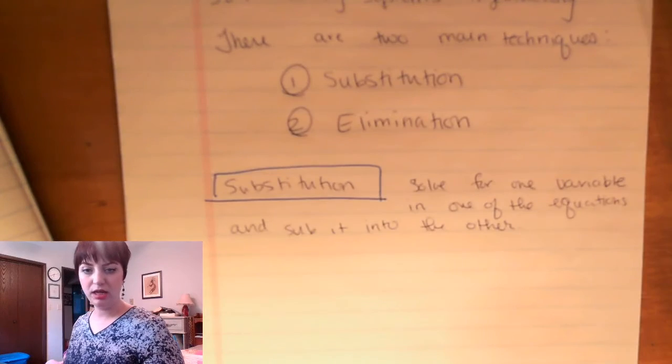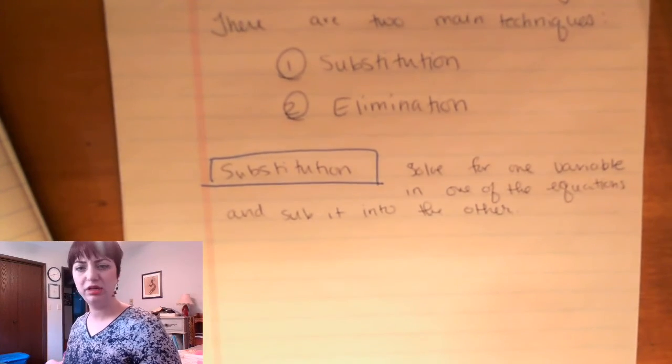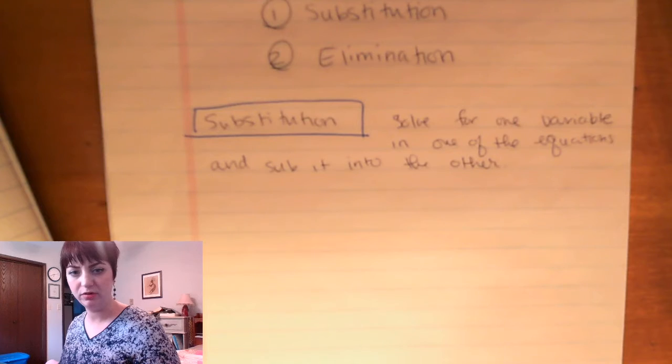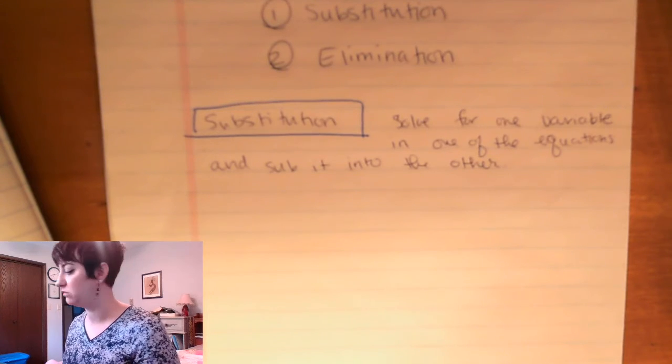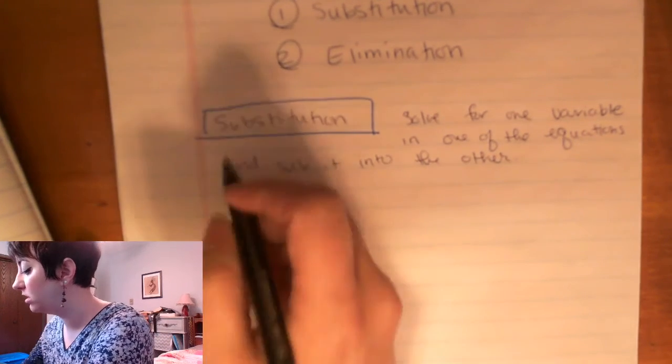And we may have already done this. I can't quite remember. We may have already done this sort of technique and I just didn't tell you what we were doing.